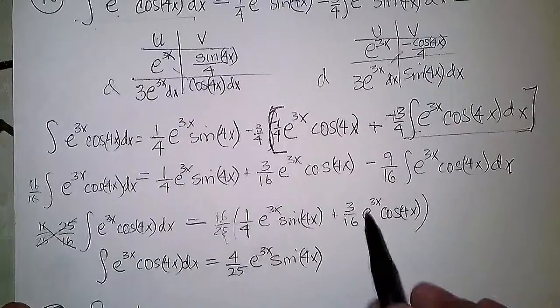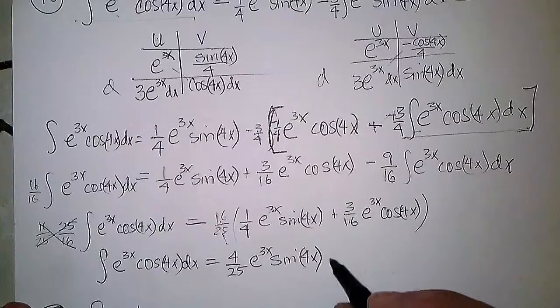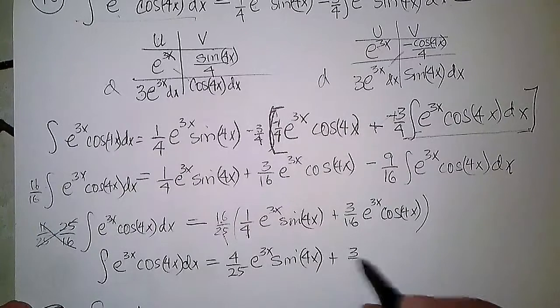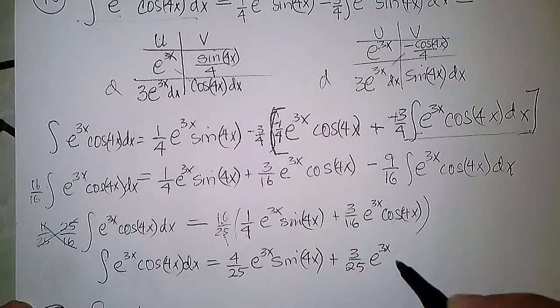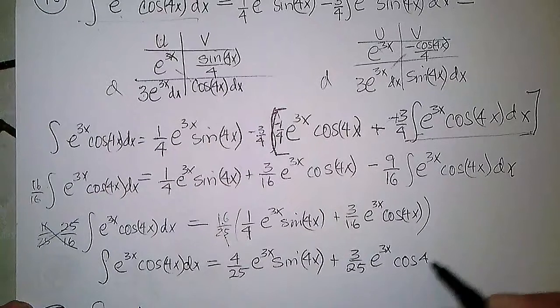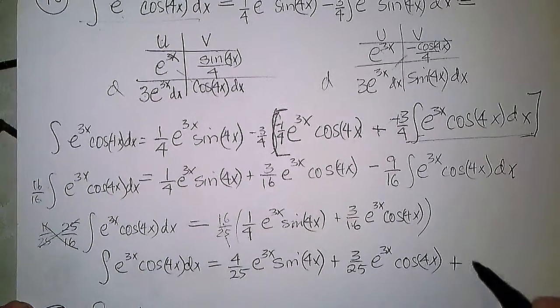And 16/25 times 3/16 is plus 3/25 e to the 3x cosine 4x plus c.